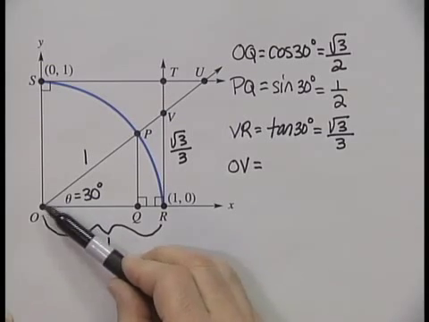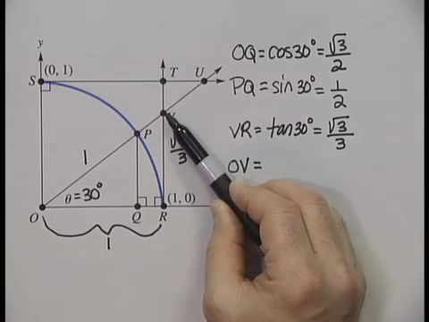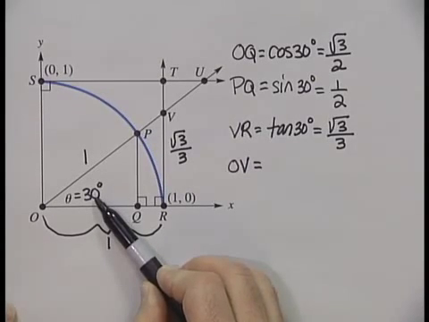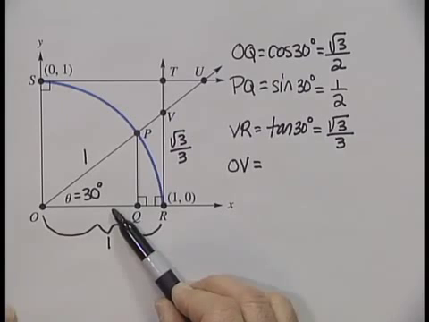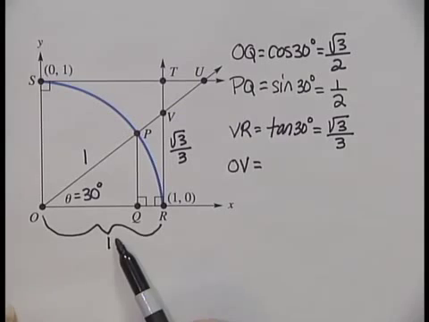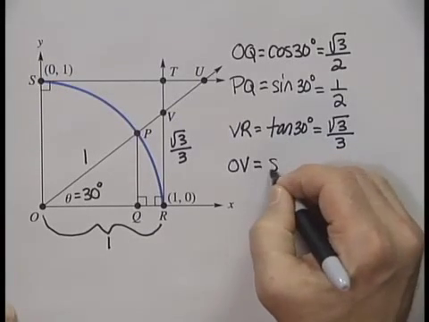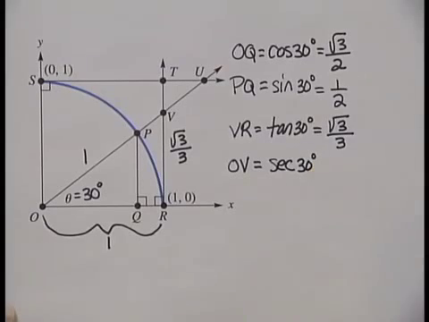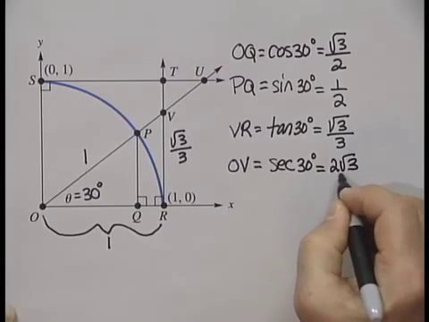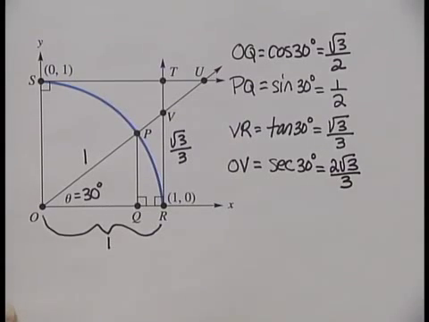When we want to find this OV, we could use the secant of 30 degrees, because the secant of 30 degrees is the hypotenuse divided by the side adjacent. And the side adjacent to that is 1. And so OV would simply be equal to the secant of 30 degrees, which is equal to 2 square roots of 3 divided by 3.